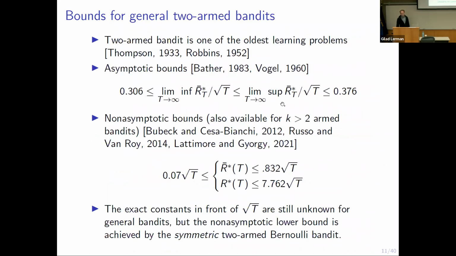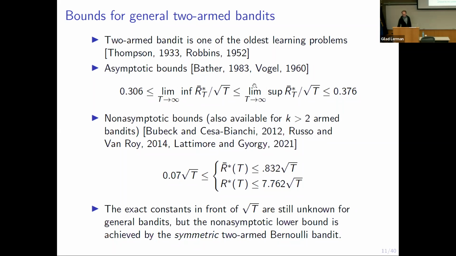So let me just tell you what is known about it. It is, as I mentioned, one of the oldest learning problems. There are asymptotic bounds that are given only on pseudo regret, which in this case grows as square root of T, the number of time periods.